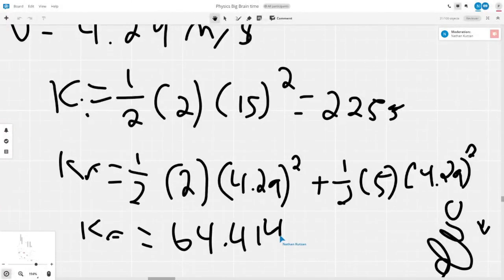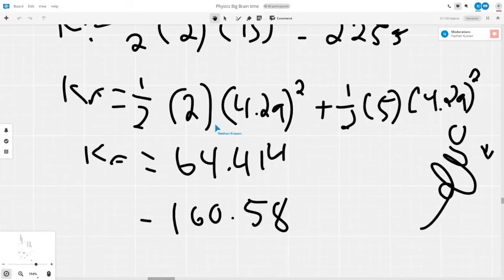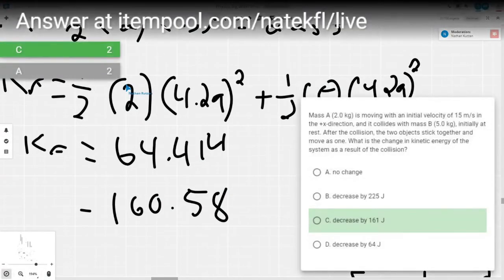And then you do final minus initial, and that gives you negative 160.58. And then the question said, what is the change? And it says decrease by 161. All right. If there are no other questions, we'll move on.